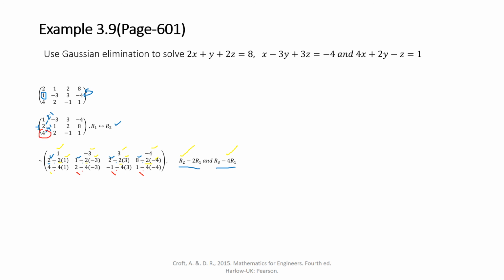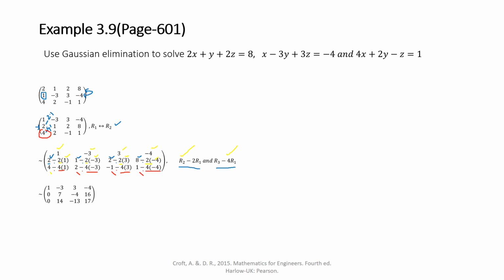So 4 times first row, 4 times first row, and this will make the first one in the first row a leading 1. This one is made now leading 1.